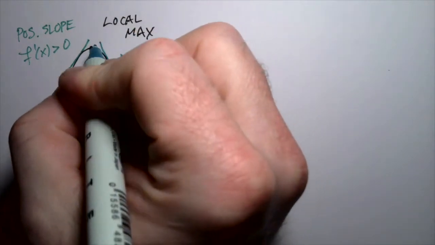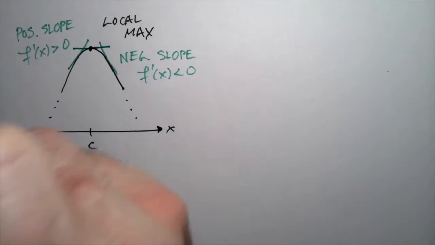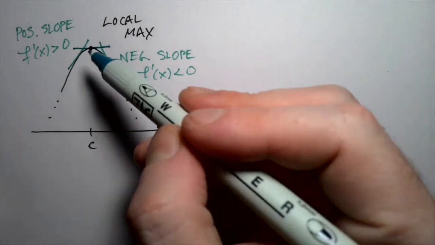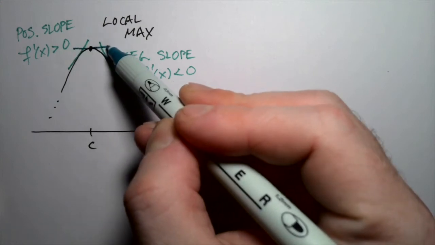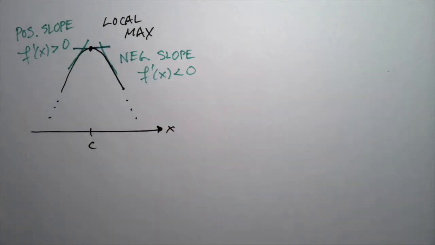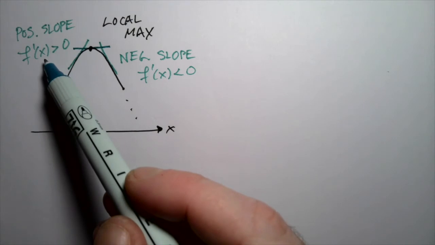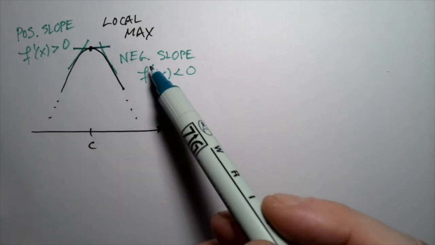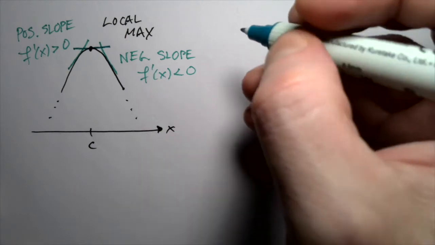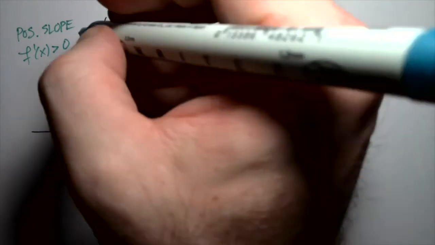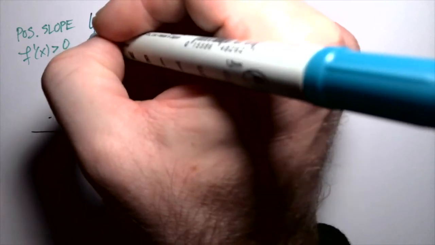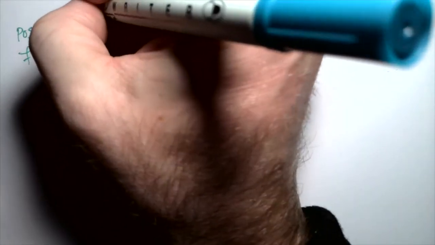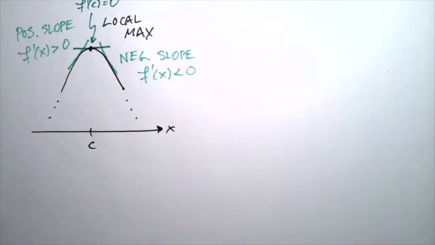Well, at that point, the tangent line would be perfectly horizontal, right? So what we're observing is that the local maximum occurs exactly at that point where the tangent line is horizontal. That's the point where the derivative transitions from being positive to negative. So this local maximum is occurring right at that point where the derivative is 0.